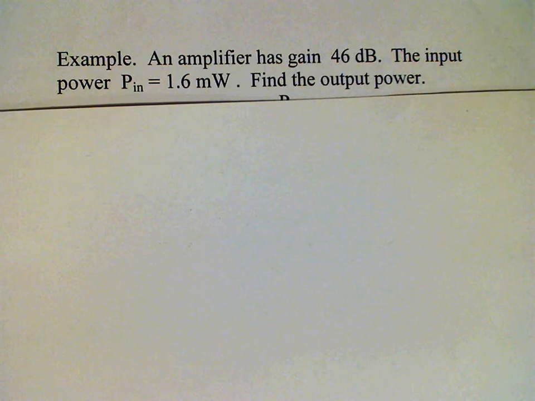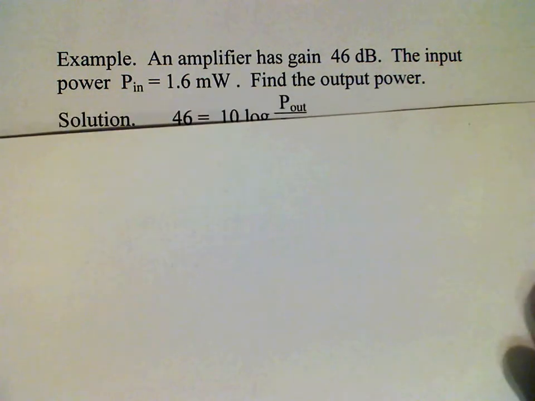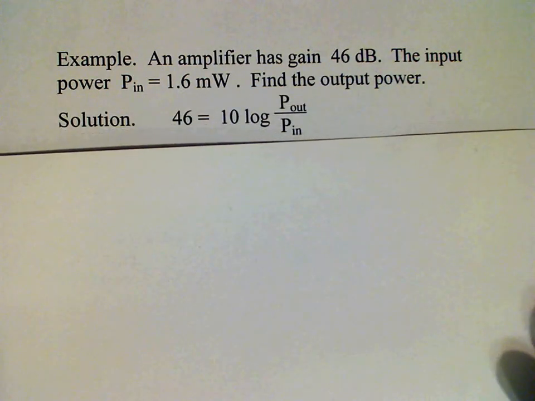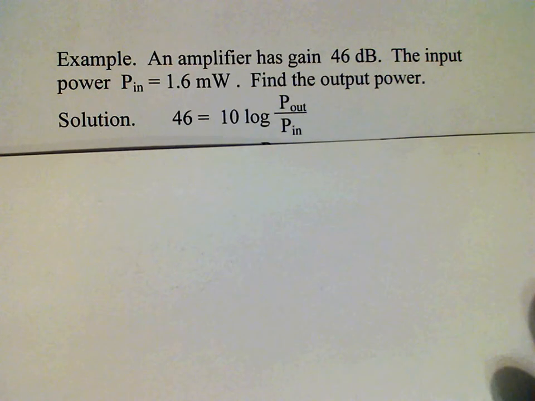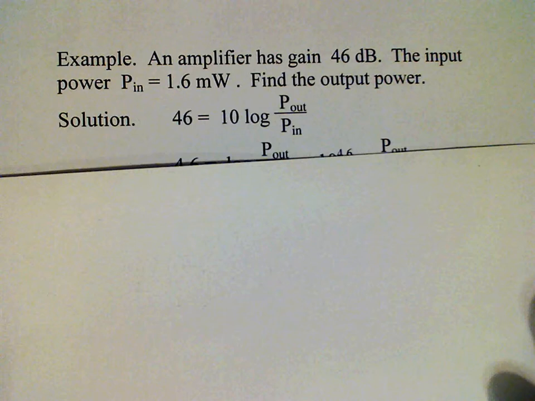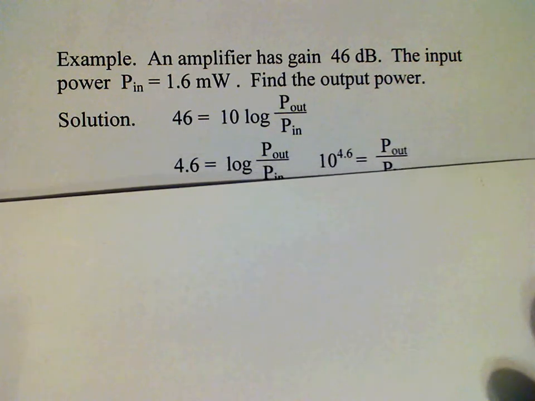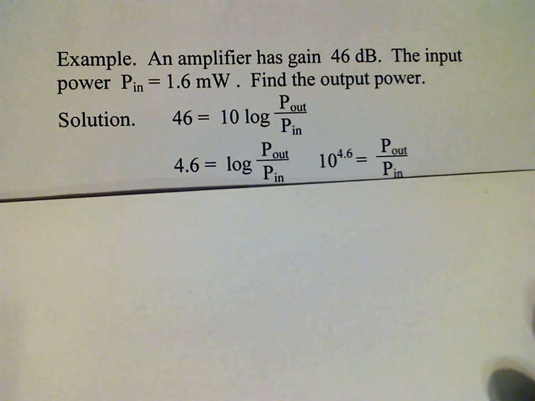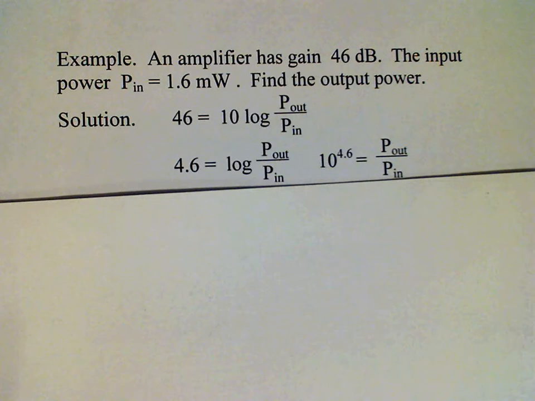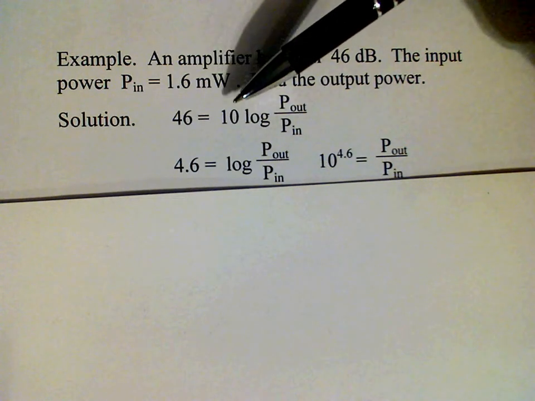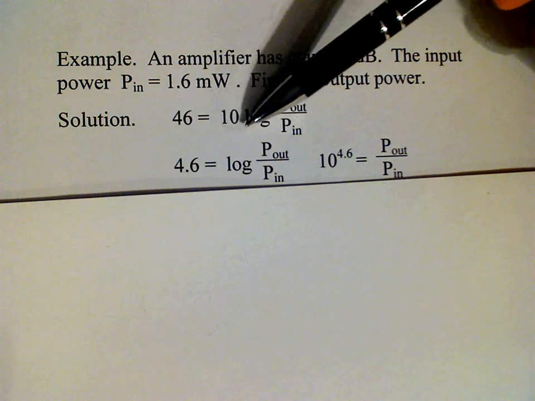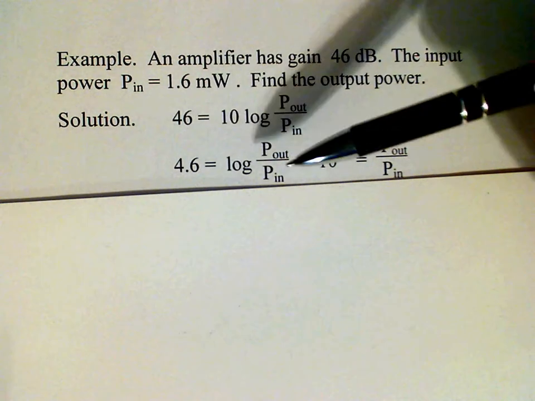Okay, so substituting in what we know, 46 equals 10 times the log P out over P in. Okay, so the first thing we're going to do after plugging in the numbers is divide by 10. That goes 4.6 equals log P out over P in.